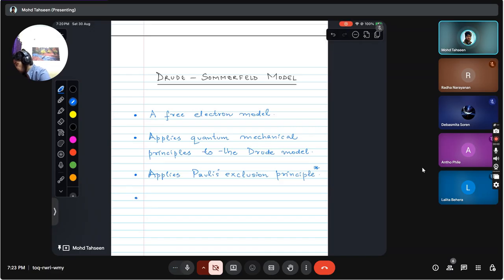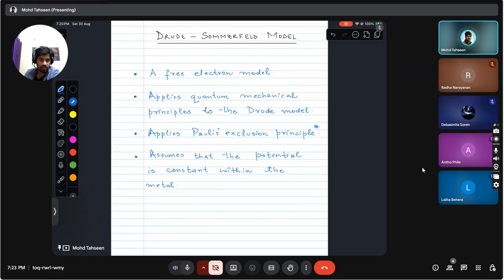Okay, what's the next one? It assumes that the potential is constant within the metal. What does this mean, that potential is constant within the metal?